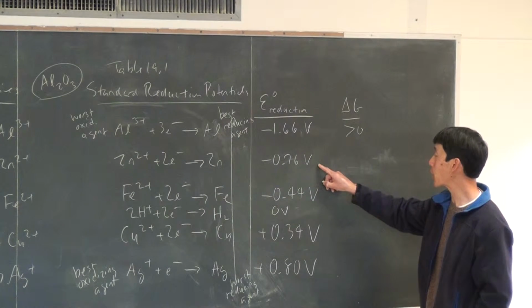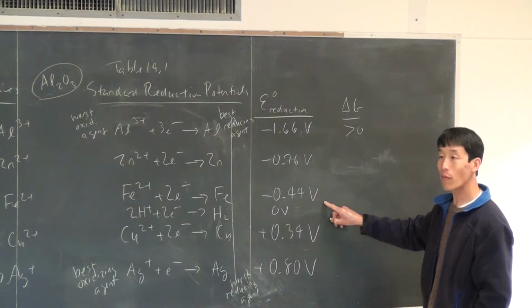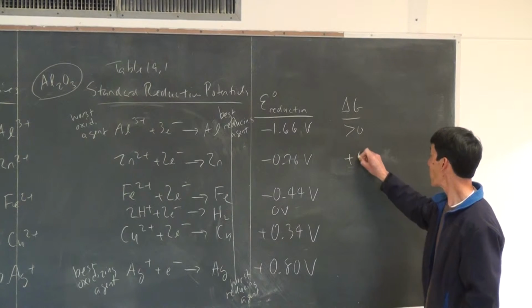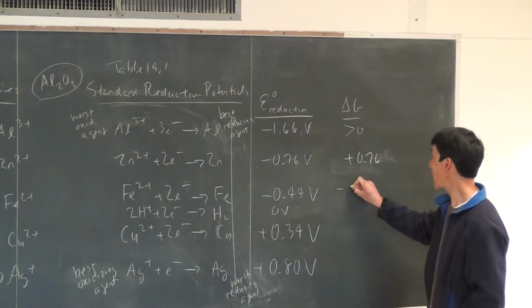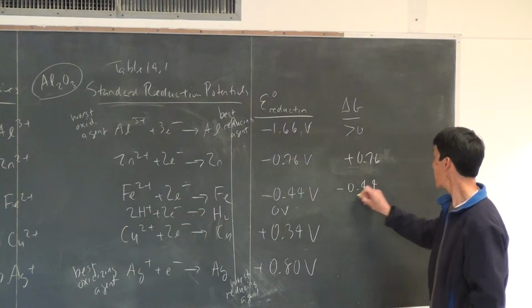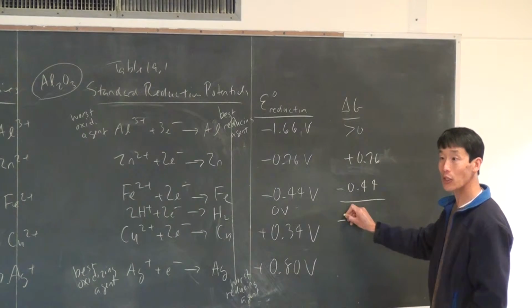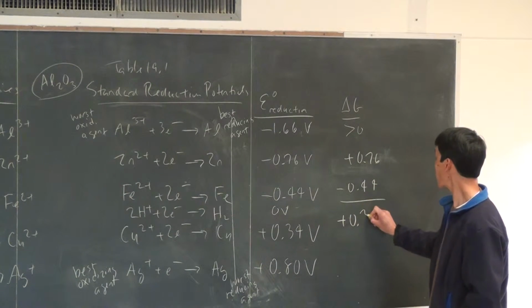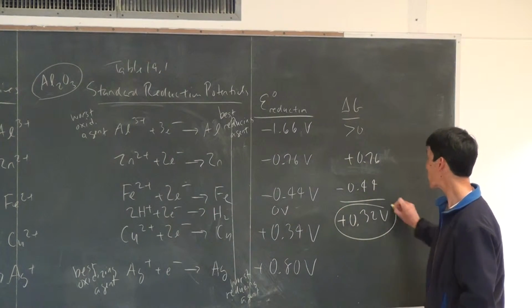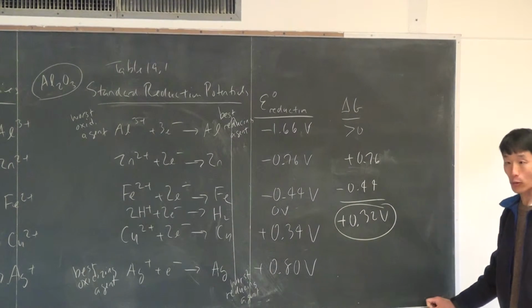So we have plus 0.76 minus 0.44, and that's equal to plus 0.32 volts. So this should be the voltage of the zinc iron battery.